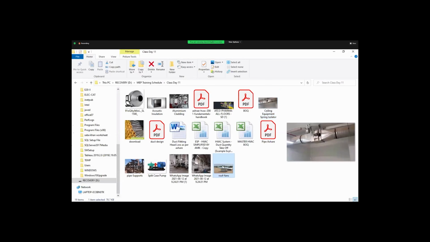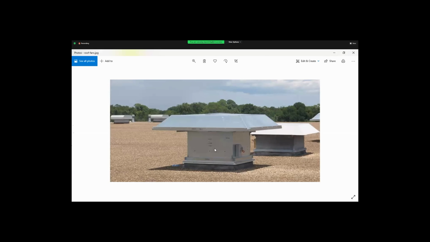You can see here this is a roof type exhaust fan. There is a fan in between, so it will suck the air from the duct running from the shaft, and it will be thrown out from here. This is an inline type of roof fan.